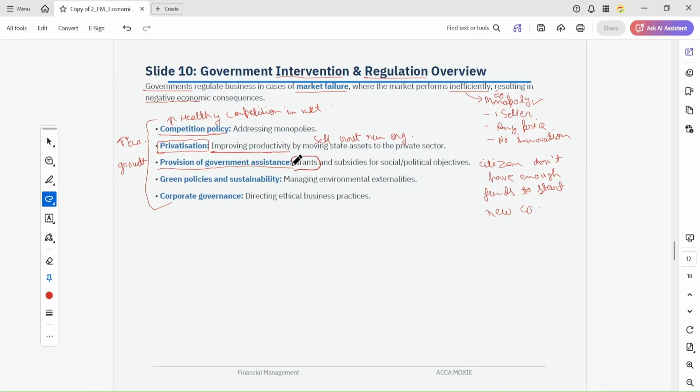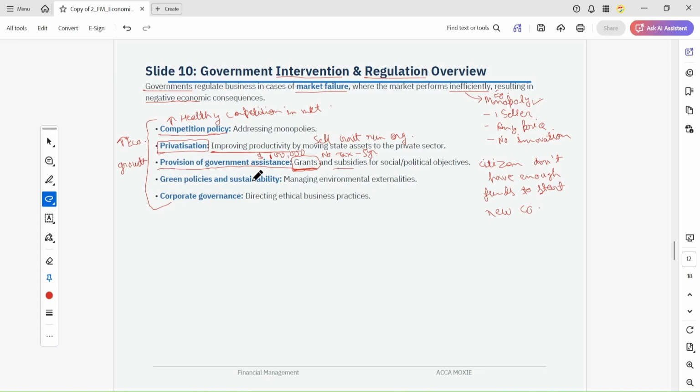Government provides some fund or grant, or a subsidy like no tax for 5 years. For example, if you are a small business, government gives you $100,000 to start a new business. This type of amount is called grant subsidies for the people who want to start a new business.